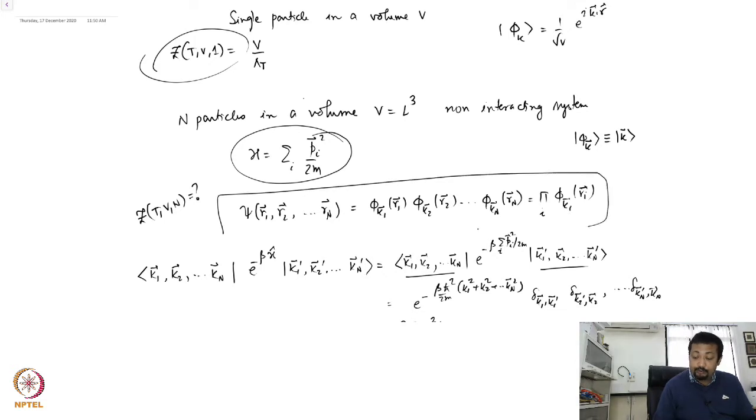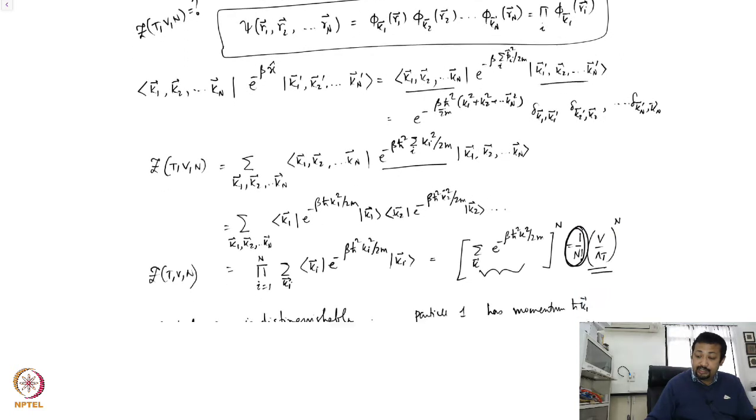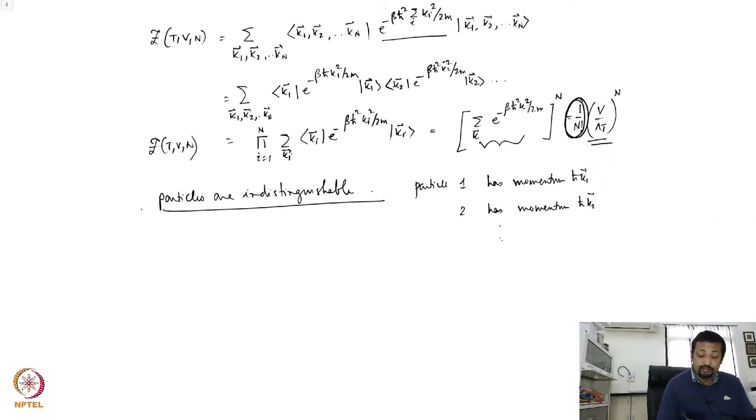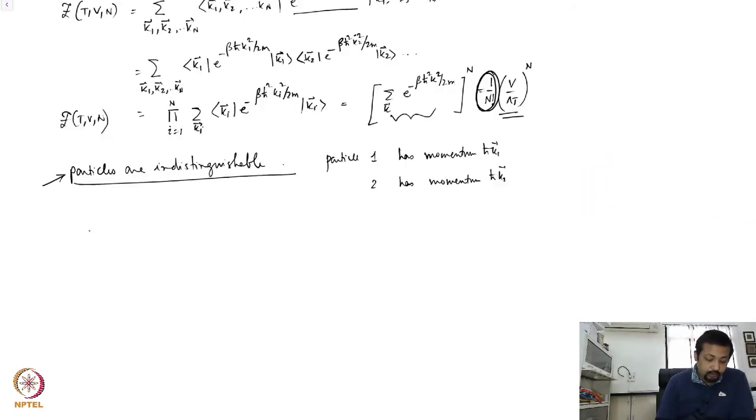So our starting point was this many particle wave function, and clearly we see that this still does not resolve the issue of the indistinguishability. So the density matrix in the coordinate representation is ⟨r1', r2', ..., rn'| ρ̂ |r1, r2, ..., rn⟩.